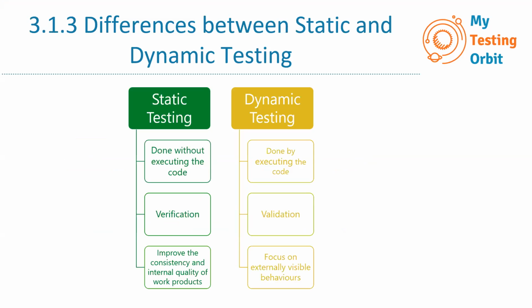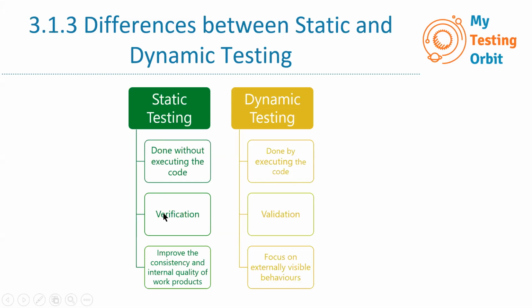So let's go through some high-level differences of static and dynamic testing. Static testing is done without executing the code. So it includes walkthroughs, inspections, reviews of different work products. And dynamic testing is basically done by executing the code. So functional testing or non-functional testing comes under dynamic testing.